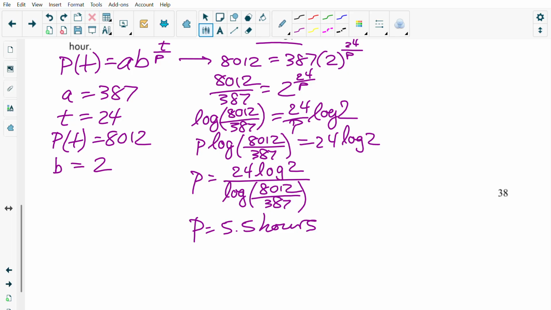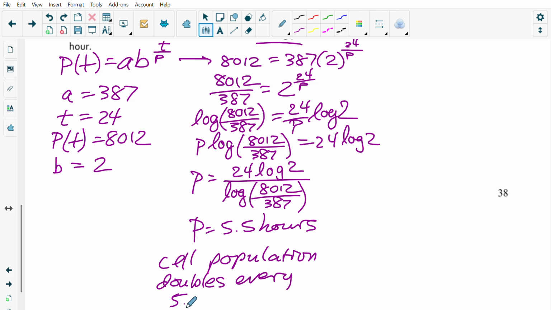Okay, so what does that mean? That means the cell population doubles every 5.5 hours.